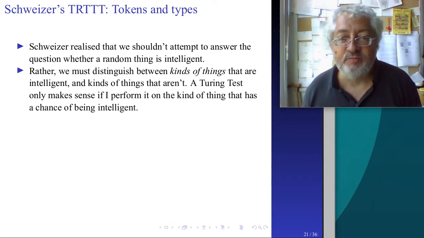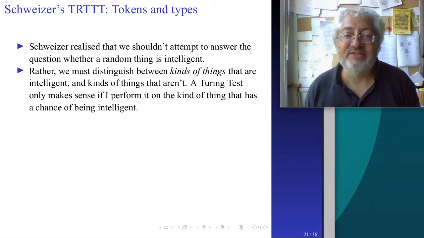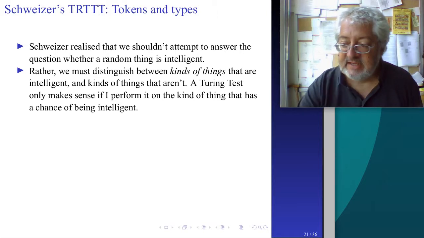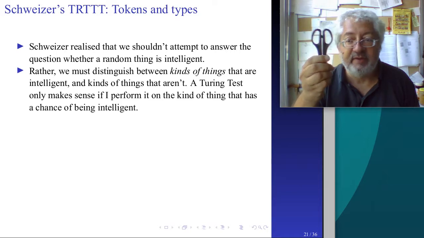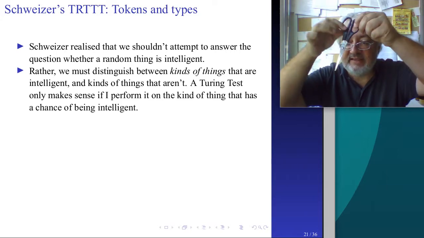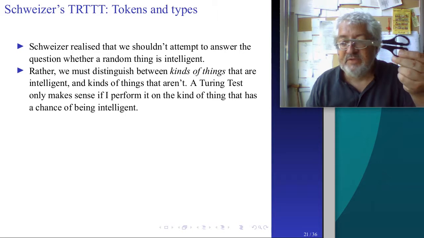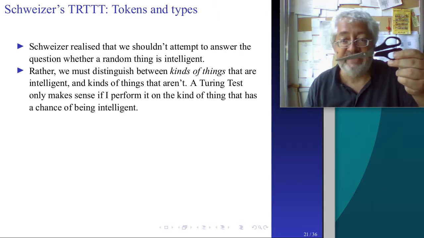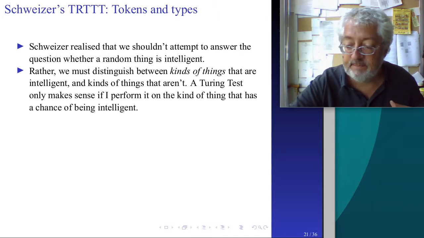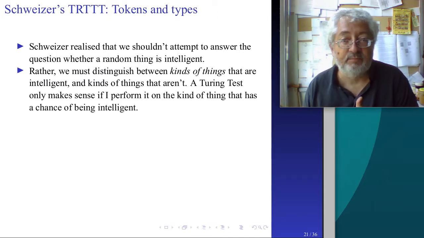What we really do is we have an assumption about particular kinds of things that are likely to be intelligent and about other kinds of things that are not intelligent. Nobody would ask this to pass a Turing test because just by looking at it, I can say, this thing, structurally, for example, is not complex enough to be intelligent. It doesn't seem to have the functional components that would be required for intelligence.